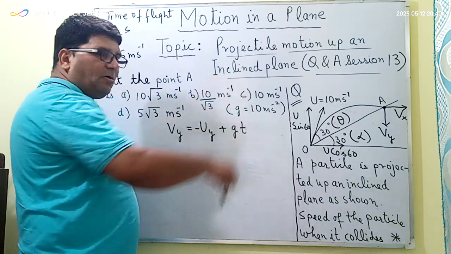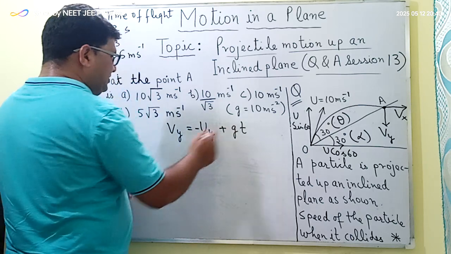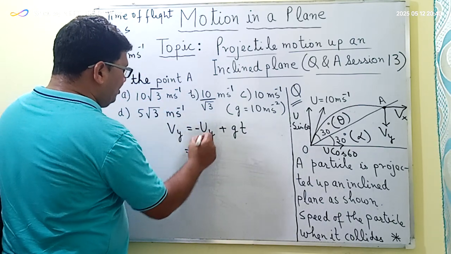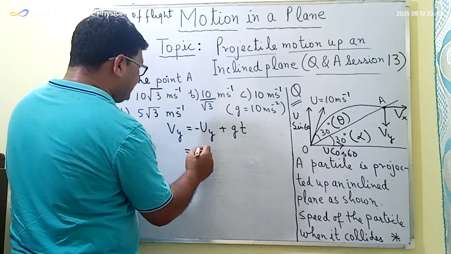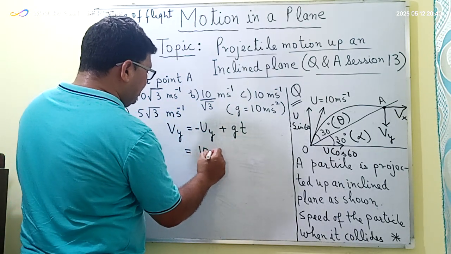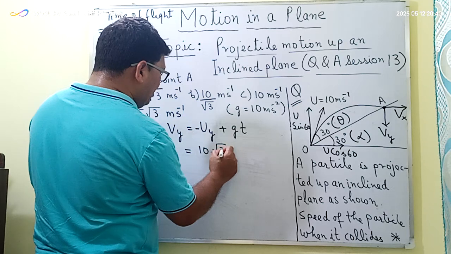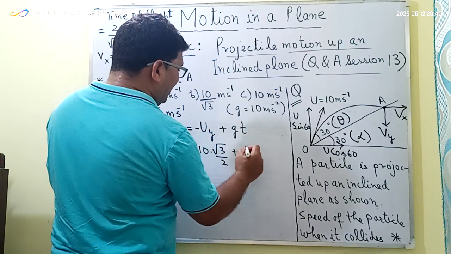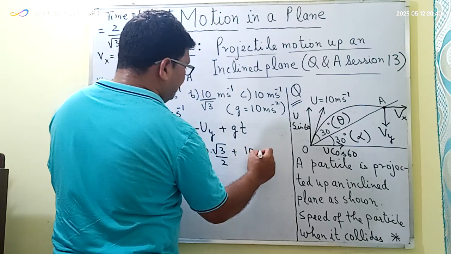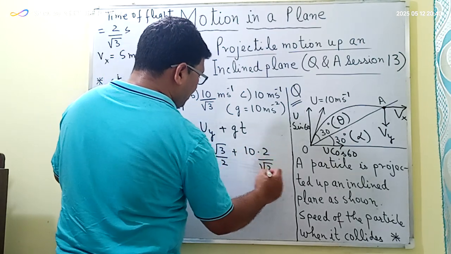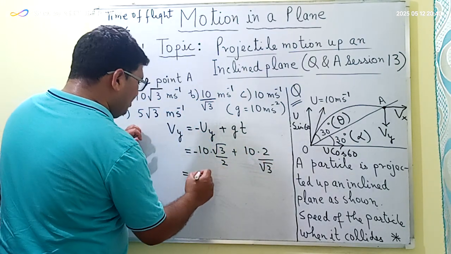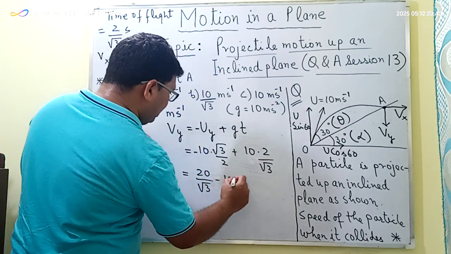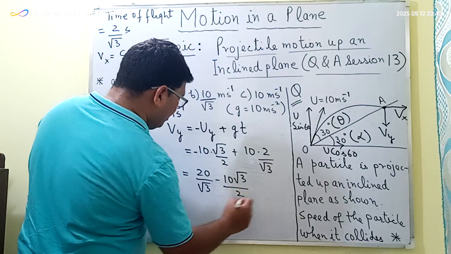The acceleration due to gravity also acts vertically downward. So this is the equation of motion, and Vy will be equal to minus Uy, where Uy is u sin 60. This is 10 into sin 60, which is root 3 by 2, plus g, which is 10, times the time of flight, which is 2 upon root 3. So Vy will be equal to 20 upon root 3 minus 10 root 3 divided by 2.